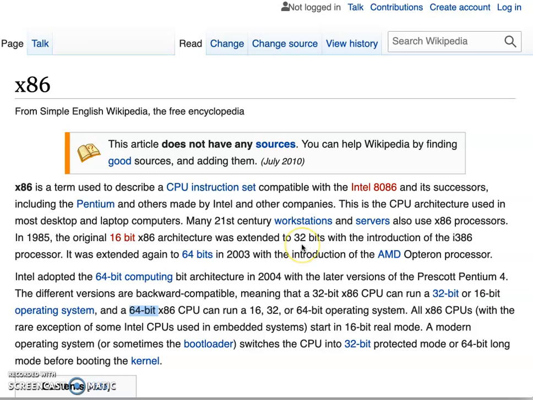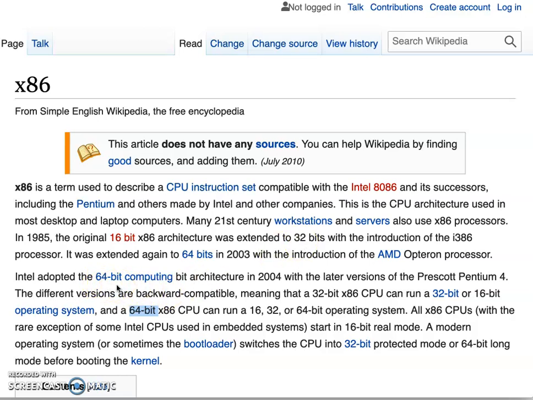4 gigabytes of memory is actually not enough, because a lot of your computers already have 16 gigabytes of RAM, or your hard drive is more than 1 terabyte. That is the reason we are moving forward to 64-bit.